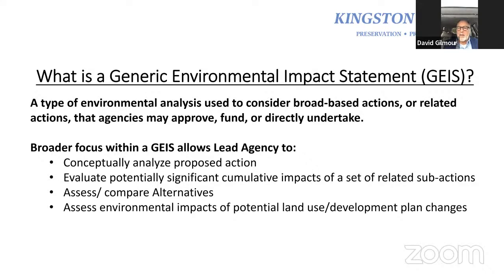And this broader focus within the GEIS provides for conceptual analysis, evaluating the synergistic or cumulative impacts of the action, and we can assess and compare different options and contemplate potential impacts, such as according to different land use scenarios.